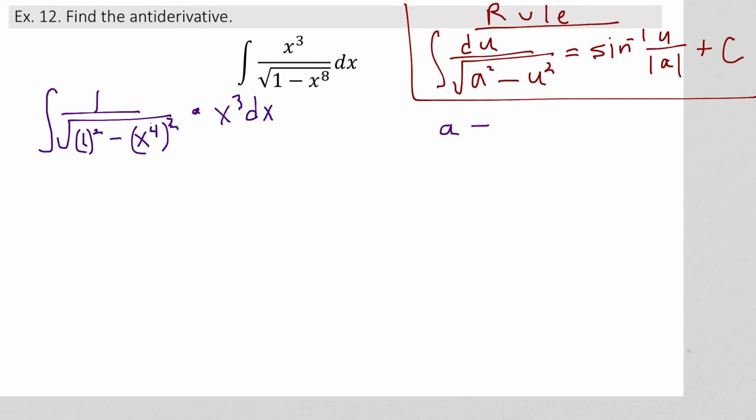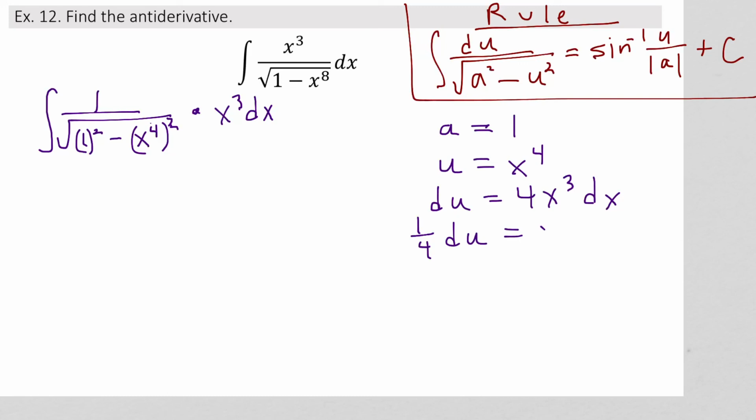I'm going to say a is 1. All right, so a is 1. Then u would be x to the 4th, which means du would be 4x cubed dx. And then 1/4 du would be x cubed dx, which is what I need.